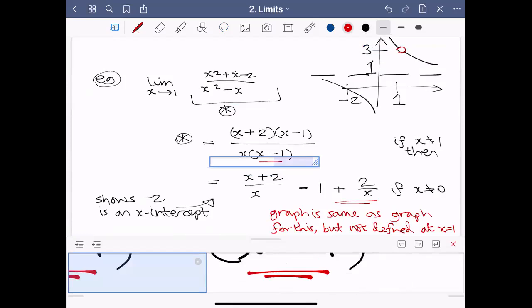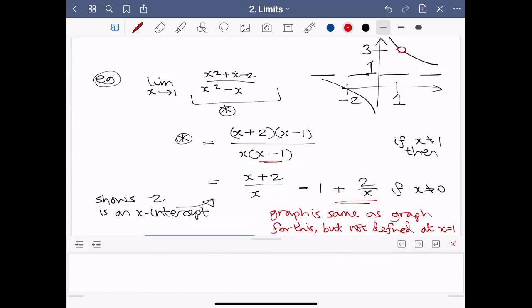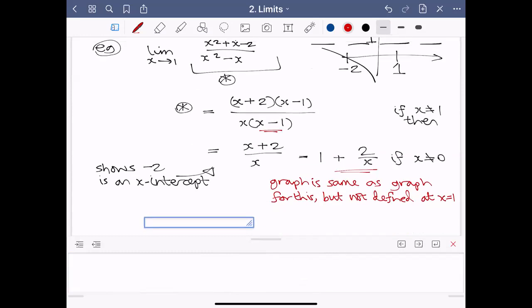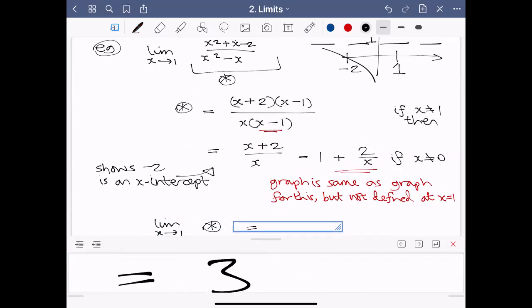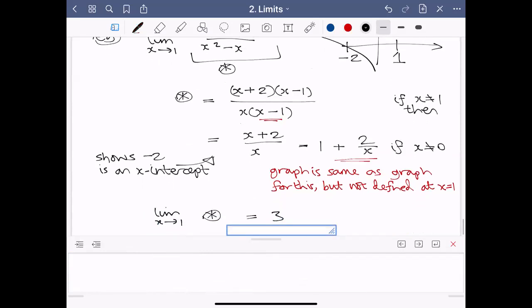Okay. So then what's the answer? Well, the answer is 3. So that's from the graph. So the limit is equal to 3.